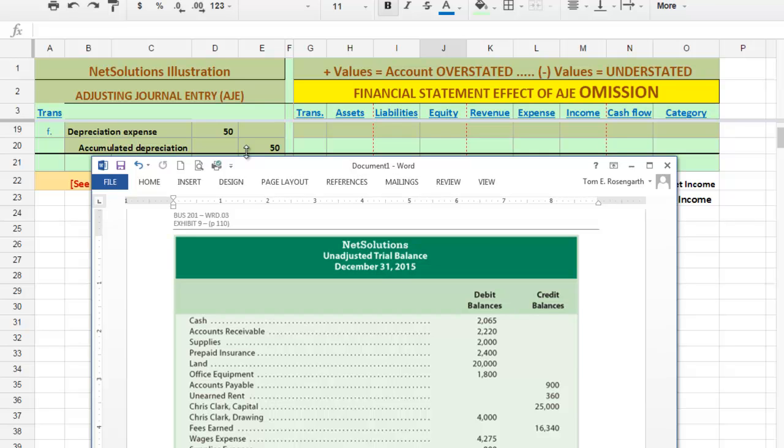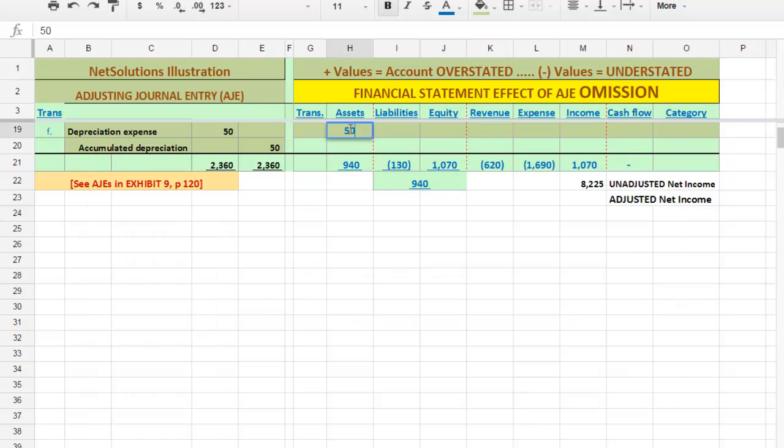If we omit a credit to accumulated depreciation, we would not have shown that some of this office equipment, which has a balance of $1,800, would have been used up. So this $1,800 balance in the asset office equipment would be too big. So assets would be overstated by $50.